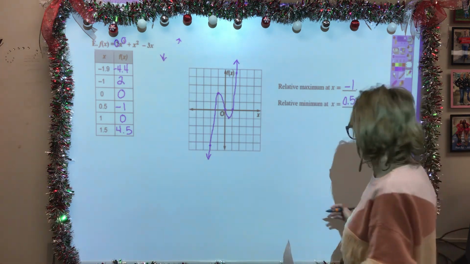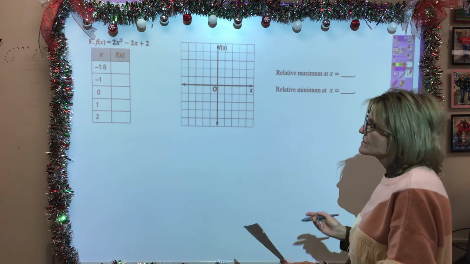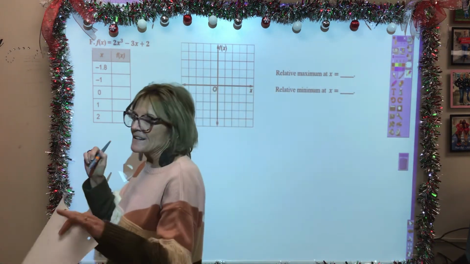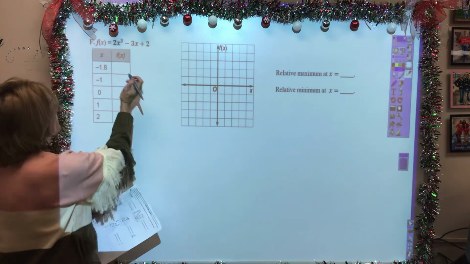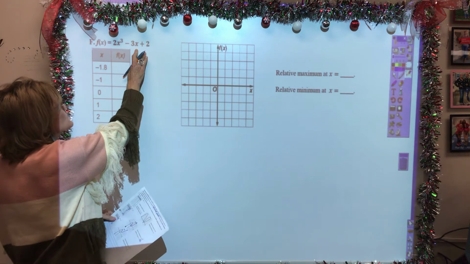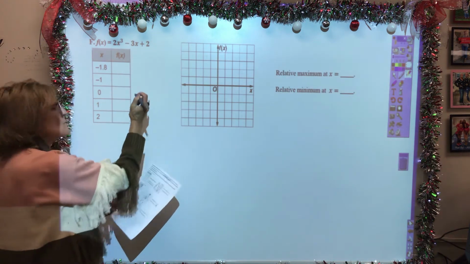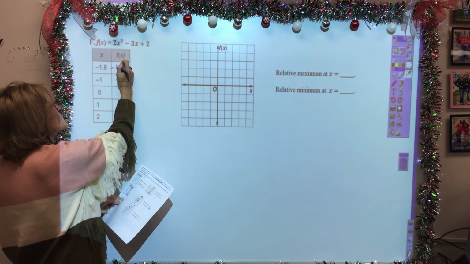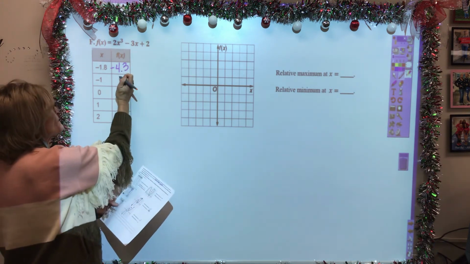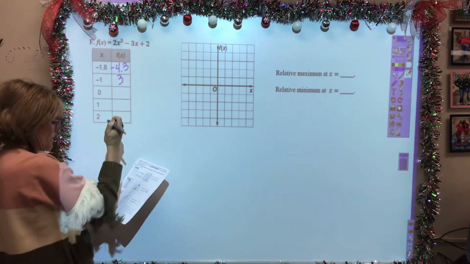Let's try one more example. So on our next example, we're going to plug in -1.8 into the function. 2x cubed minus 3x plus 2 would be -4.3. If we plug in -1, we get 3.